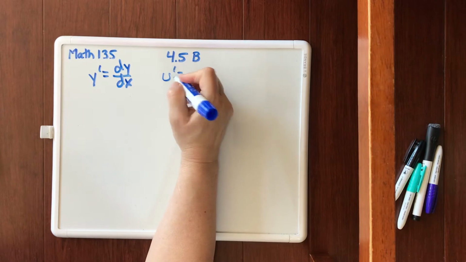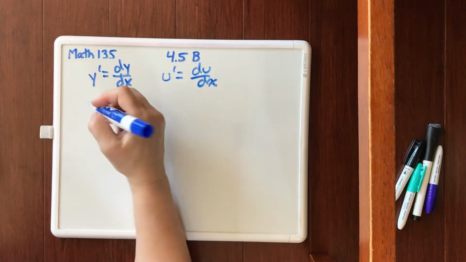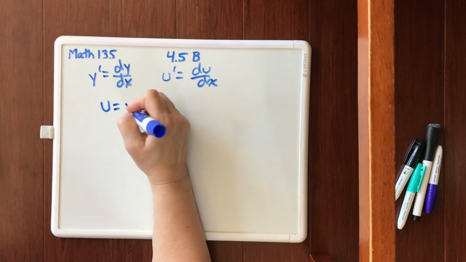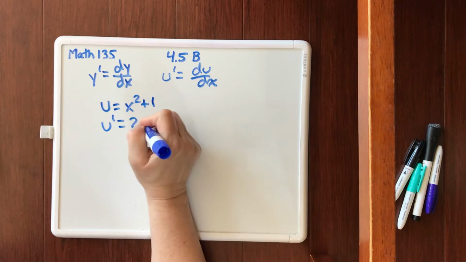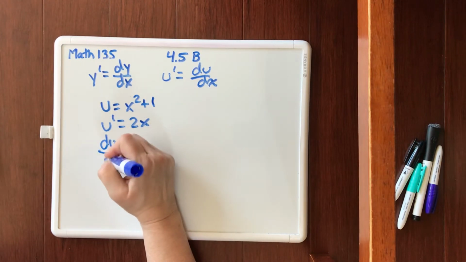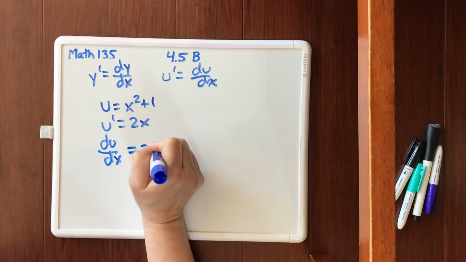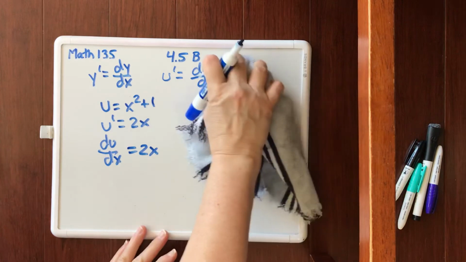Same thing with u prime, it's du/dx. So if we let u equal x squared plus 1, then u prime equals 2x, and we can rewrite it as du over dx equals 2x. And that's going to come in handy when we use substitution.